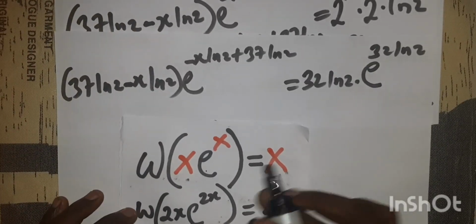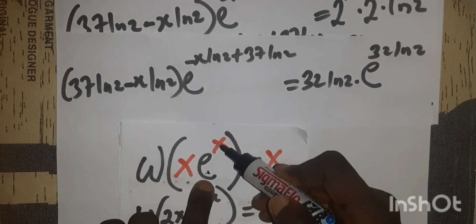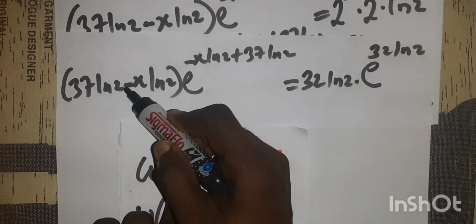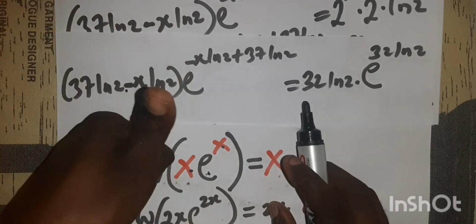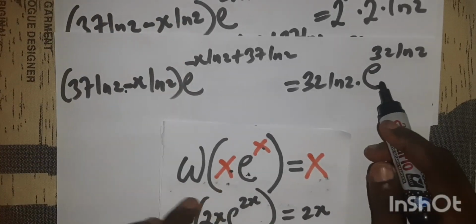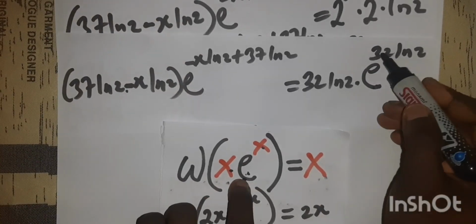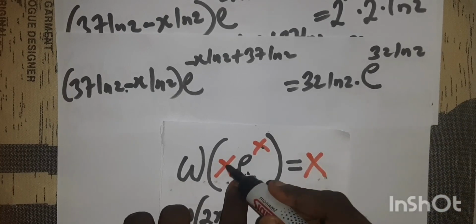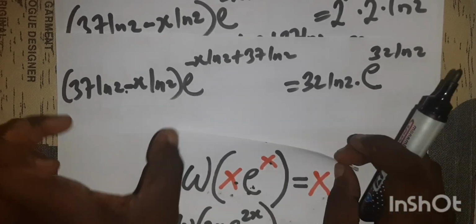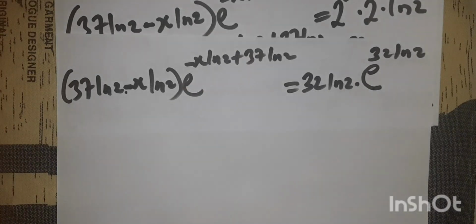So take note, I have my e and the power and coefficient are the same. So the power and the coefficient are the same on the left hand side. Bravo. Then on the right hand side, the same thing, I have my e and then the power and the coefficient are the same. So I can apply the Lambert W function on both sides.